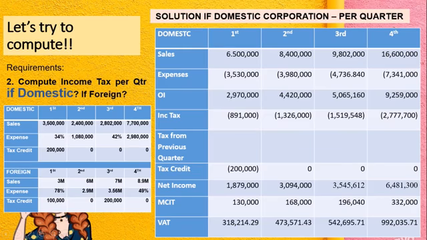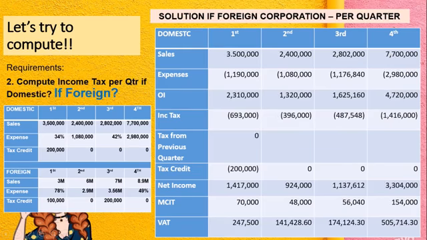Okay, what if the business is a foreign corporation? Again, it's almost the same, but the problem is you need to get only the domestic business of a foreign corporation. His business that falls only in the Philippines, so it is within the Philippines.